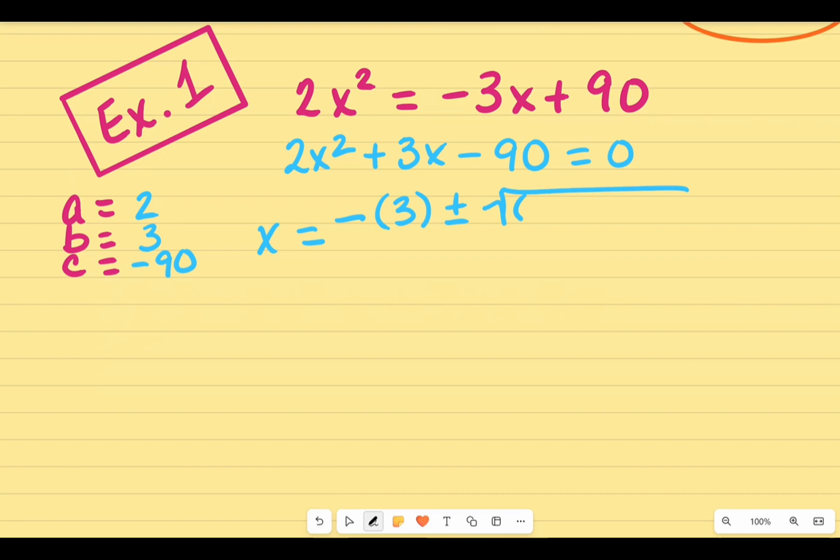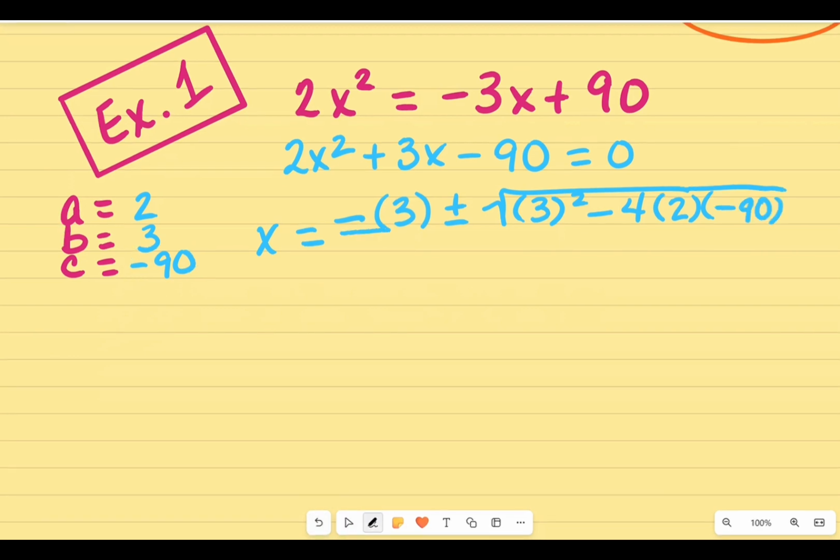Square root, b squared. So whatever you just used for b here is going to be the exact same number. So make sure you have the correct b. Minus 4 is part of your formula. A is going to be 2. So notice I'm just substituting and using parentheses every time I substitute. And C is negative 90. All of this, all of it, is divided by 2 times A.